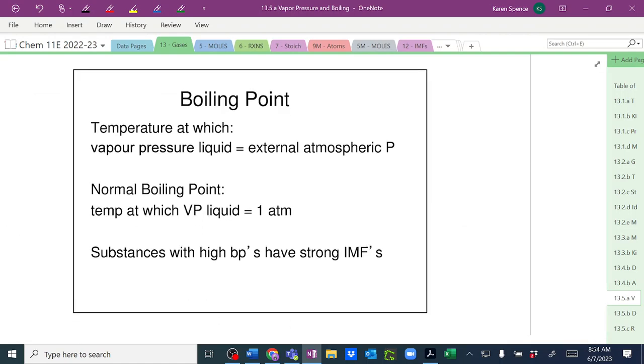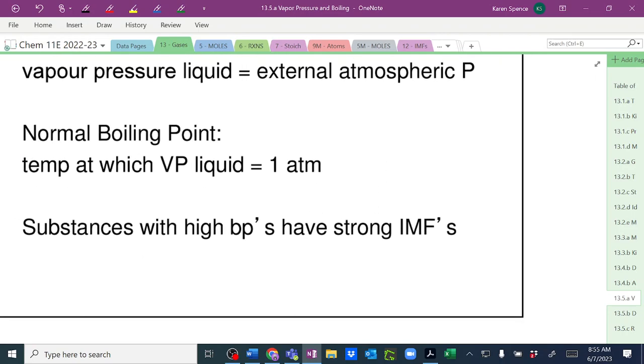Boiling point is the temperature at which the vapor pressure equals the external atmosphere. Do you remember what normal boiling point is? It's the temperature at which the vapor pressure of the liquid equals 1 atmosphere. Substances with high boiling points have strong IMFs.